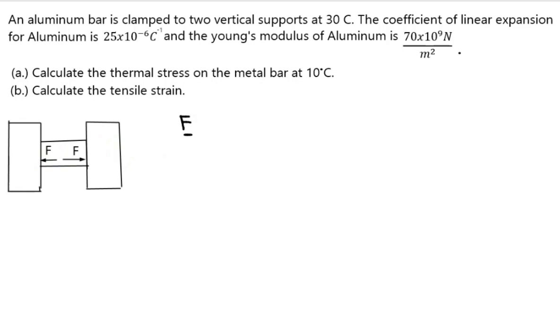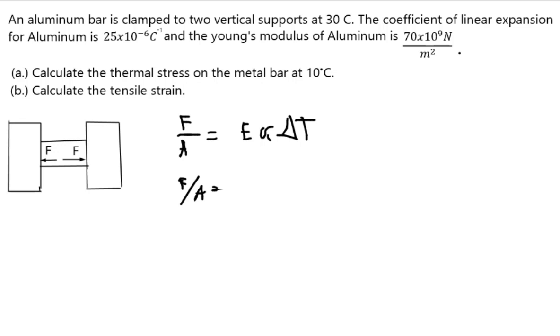And now, the equation we will use for part A is the thermal stress equation. So let's just put things here. Okay, there's no area. We need to put an area. So the change in temperature. So we just plug in all our values here to calculate the thermal stress.